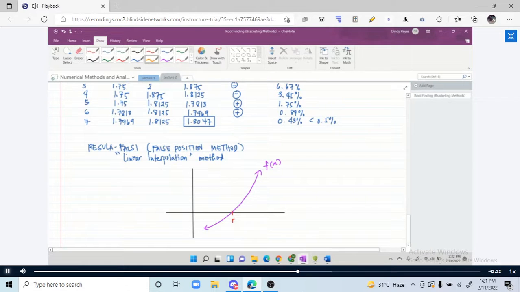Or say for example, this is your the interval from a to b. So this is x equals a. This is x equals b. Right. This is f of a. And then since this is x equals b, this is f of b.